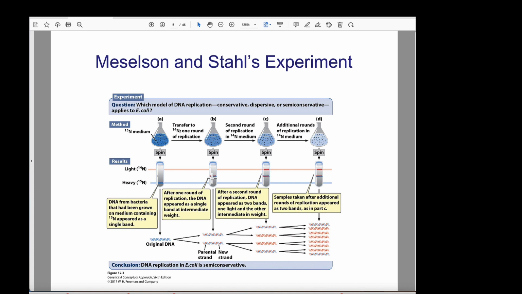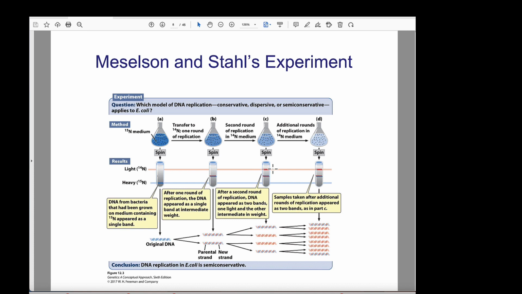Then another round of replication and centrifugation occurs after subsequent N14 growth of the E. coli. And now you have two bands. You have that intermediate band, and then you have the light band, N14. And this continued thereafter, with this intermediate band and then the N14 band.